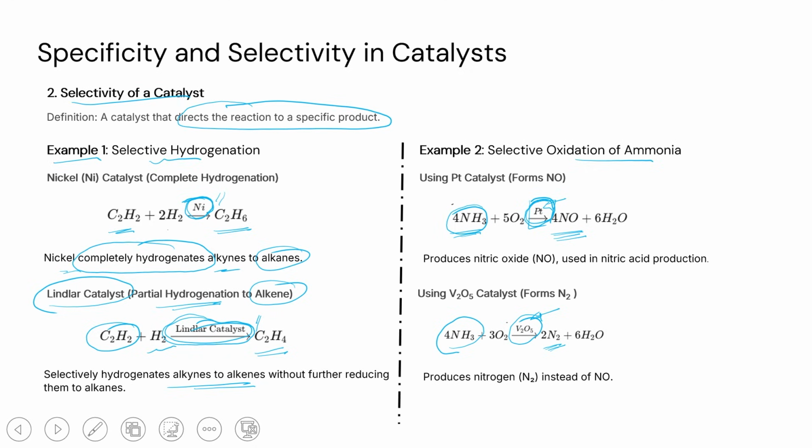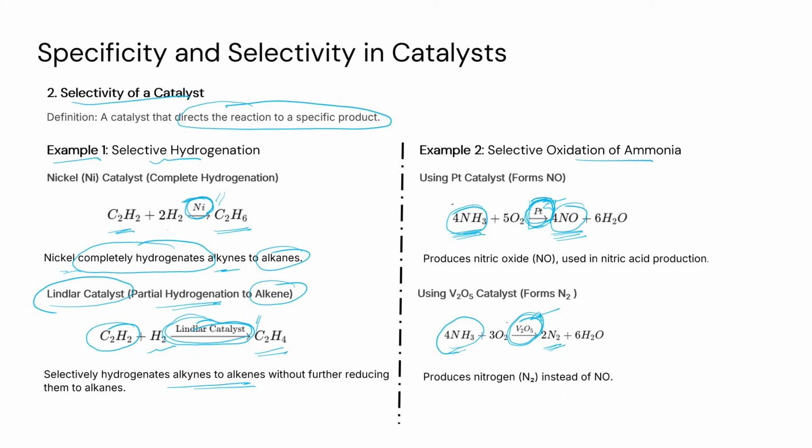On the other hand, in presence of vanadium oxide as a catalyst, oxidation of ammonia would result in formation of nitrogen. I hope this is clear.